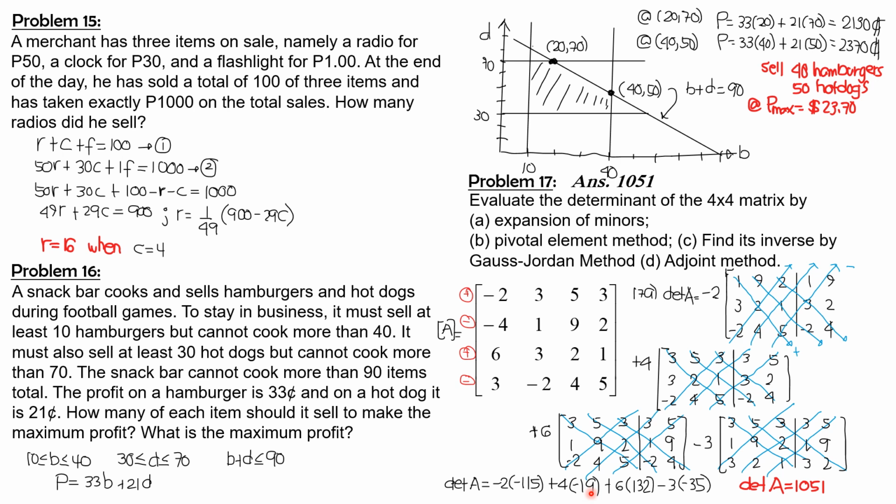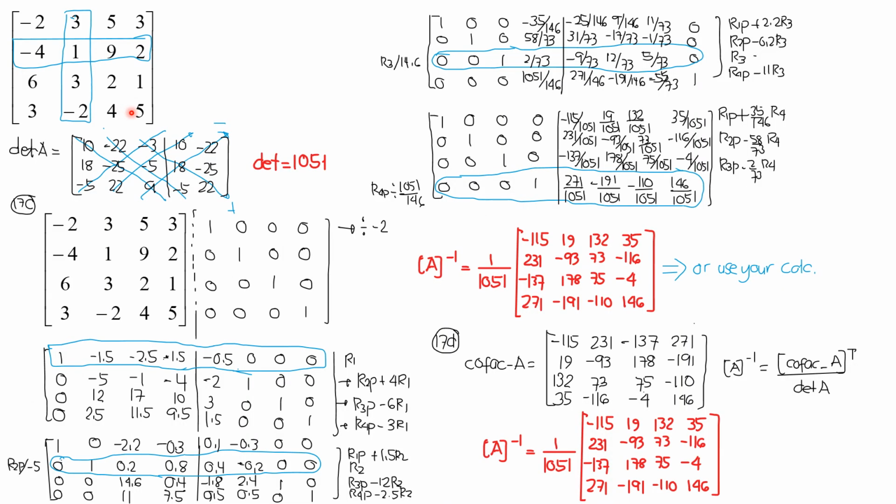So -19 next, and plus 6 times the minor of 6 would be 132, and finally -3 times the minor of 3 is -35. So combining, the determinant is 1051.